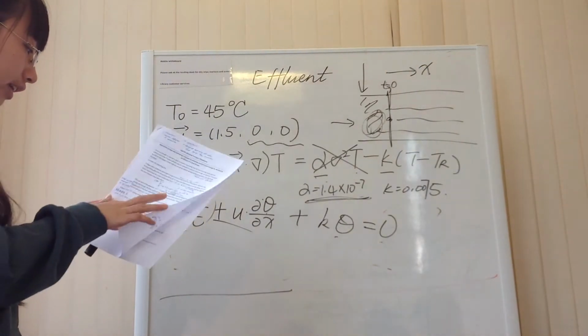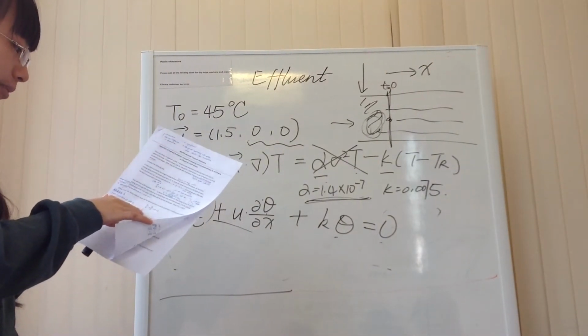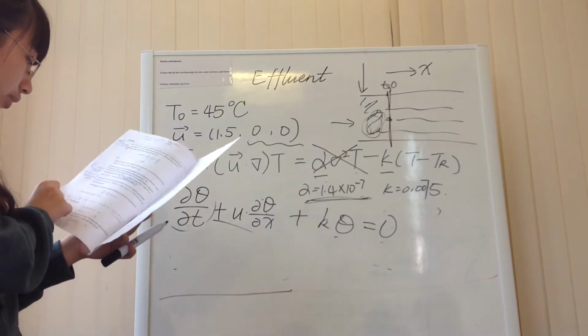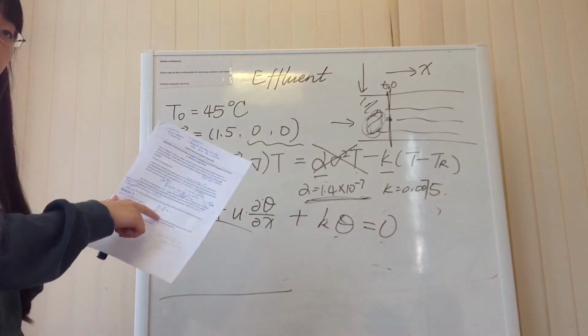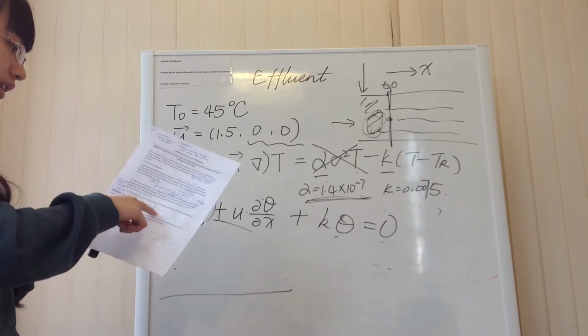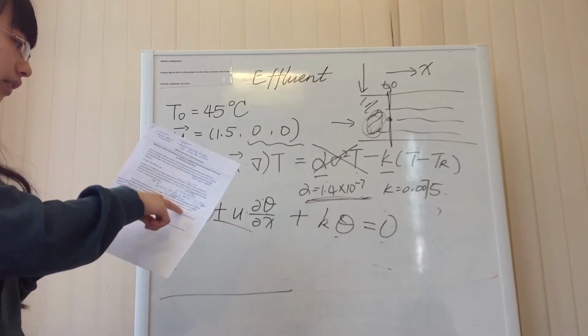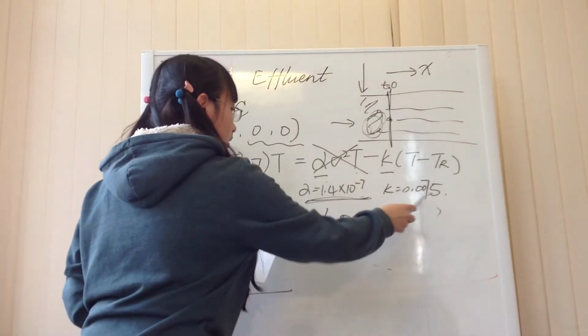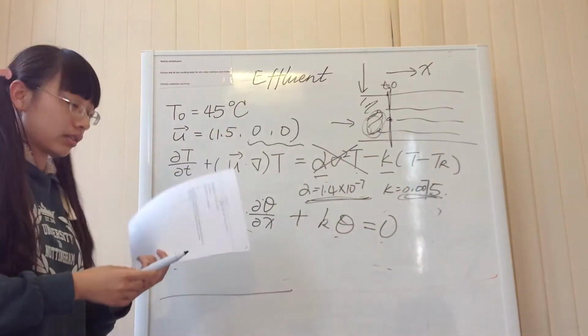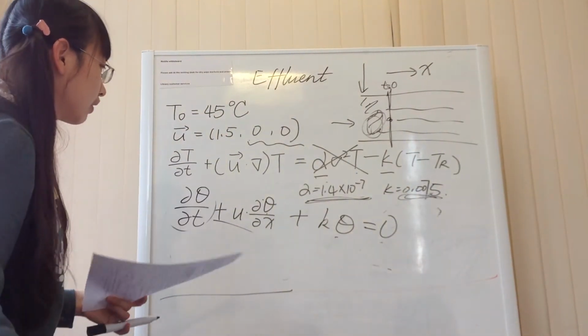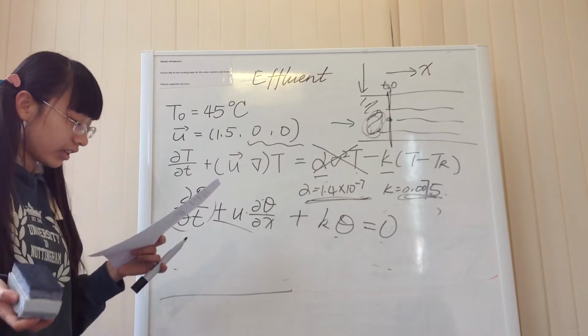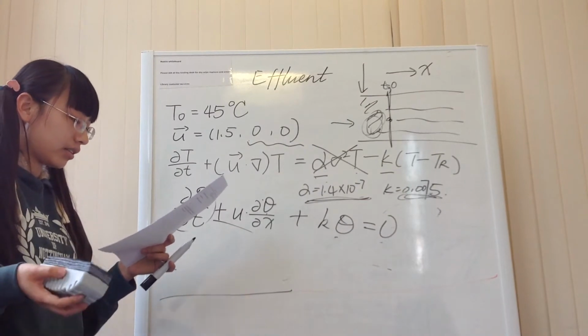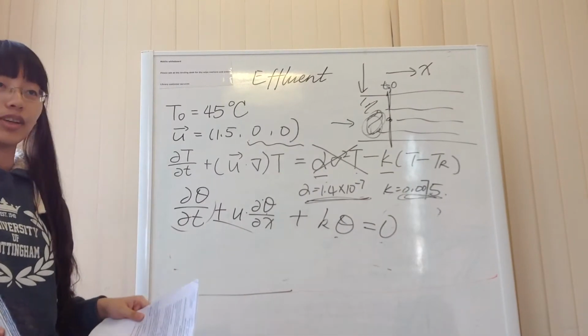Even though he said k equals small k times L over U, we didn't really use this, so just take k equal to the value of k given here. This is what he used. Don't worry about that. I think that's a kind of mistake, because when he was scaling this, I don't think he scaled it properly.